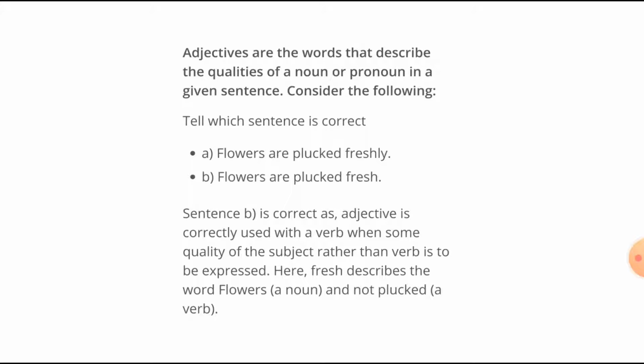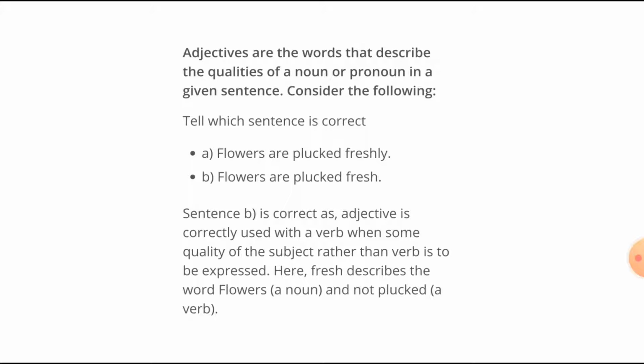Here, fresh describes the word flowers, a noun, and not plucked, a verb. You can get the idea that fresh flowers are the flowers which are fresh and have been plucked. So, fresh is going to qualify flowers. So, we will use fresh, not freshly.